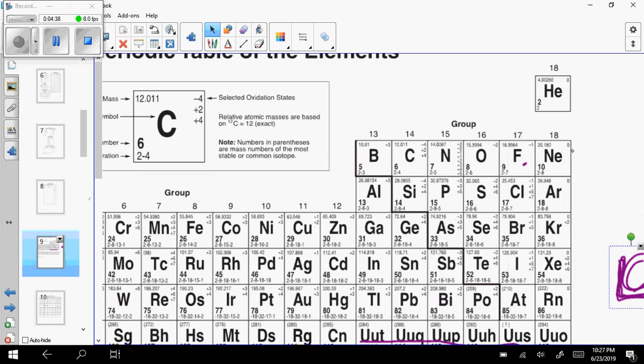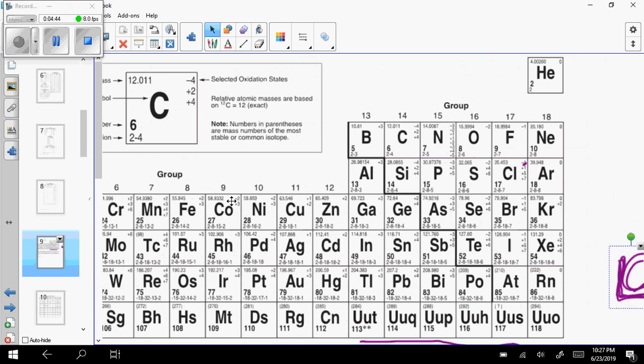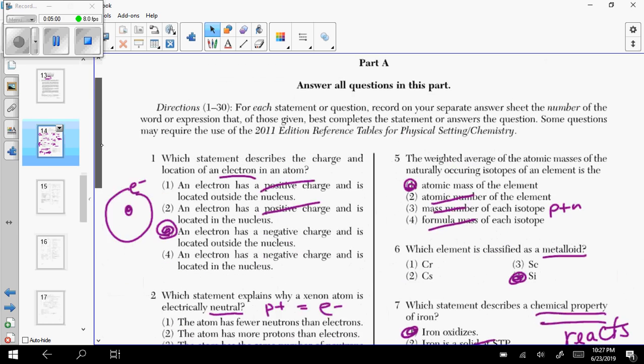F is in period 2, so it has 2 rings. This one, 1, 2, 3 rings. 1, 2, 3, 4. 1, 2, 3, 4, 5. So the one that has the most rings is going to have the largest radius, so that's iodine.